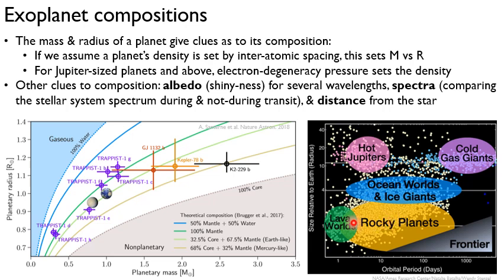If you're super close to the star, like even closer than Mercury, you're maybe a lava world because you're so hot that the rock's kind of molten. And then you have stuff that's further out, for instance Neptune and Uranus that are cold and gaseous, and your big objects like Jupiter, gas giants that may be further away or may have migrated inwards. And this is kind of the categories you can lump these into.